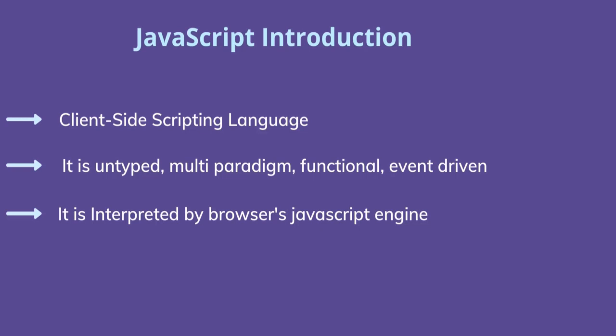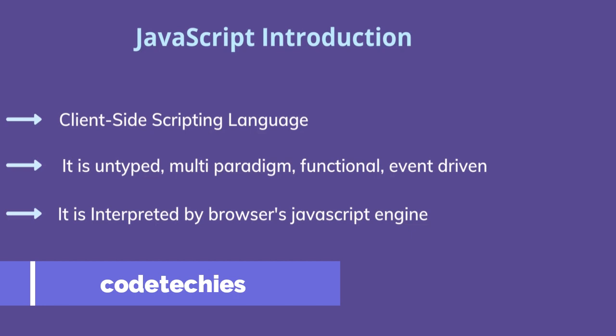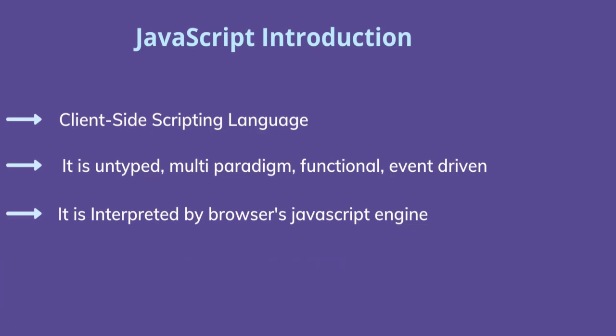Now, something more about JavaScript, let's see. It is untyped. Untyped means, if we know something about programming languages, you may know about the thing called data types, which specifies the type of data we are going to process. But while working with JavaScript, you will observe it is untyped, means it is not a type-safe language.